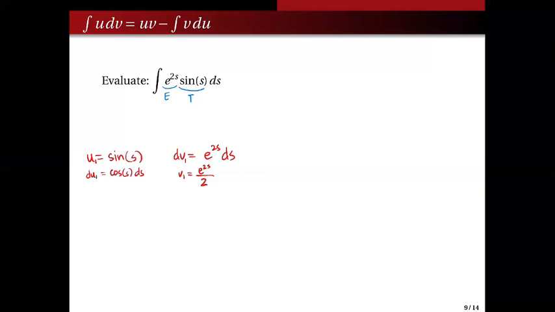Are we good with that? You actually need u substitution for this. You take u to be equal to 2s, and then du will just be 2 ds, so one half du equals ds. So you have to use u substitution from dv1 going to v1. But this is it.